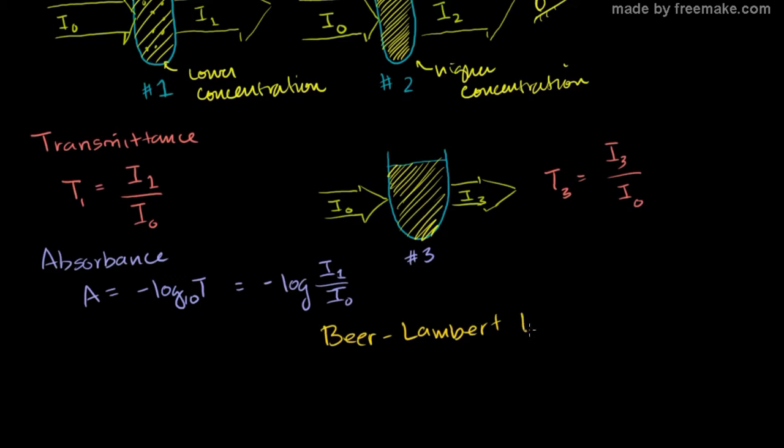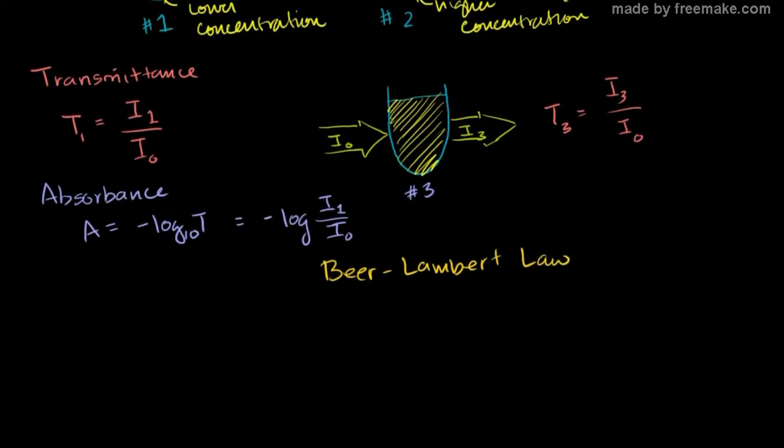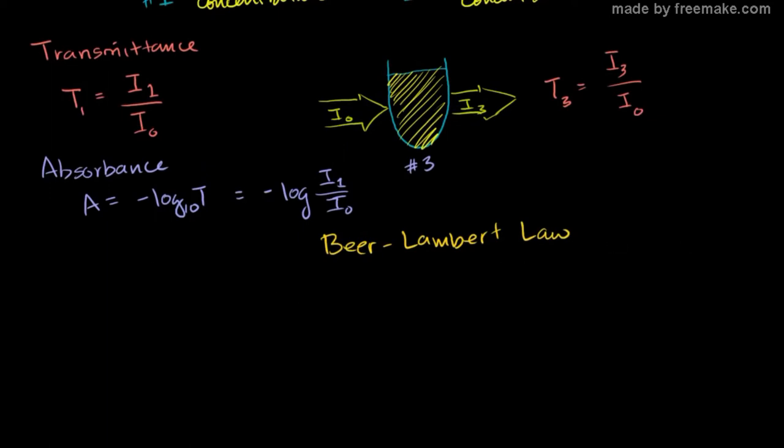The Beer-Lambert law tells us that the absorbance is proportional to the path length. So this would be how far the light has to go through the solution. So it's proportional to the path length times the concentration.